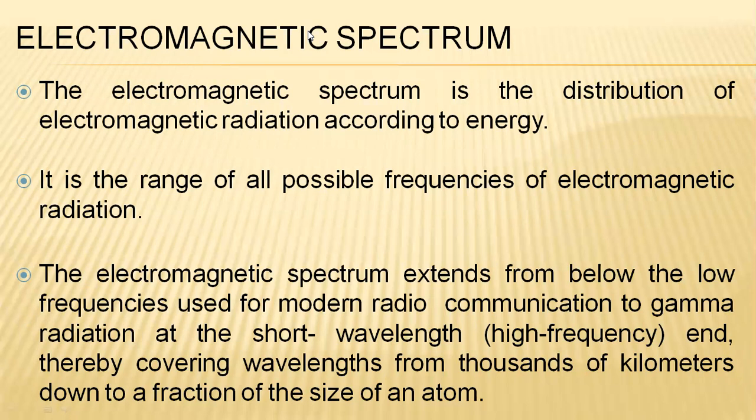The spectrum extends from low frequencies, as in modern radio communications, to gamma radiations, which have a very high frequency, as you discussed in the radiographic testing methodology. So X-rays, Y-rays, and gamma rays.